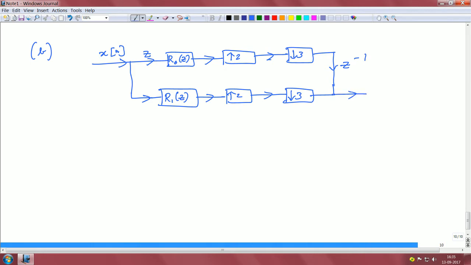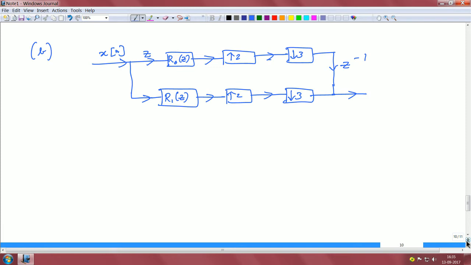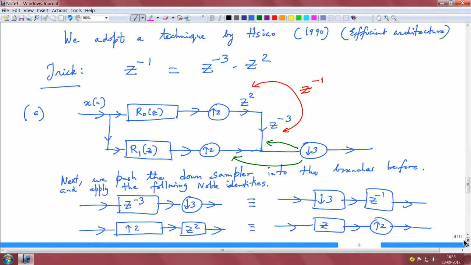So you might be wondering where did the z appear, right. If you apply this Noble identity, right. So you have at this point you have upsampling by 2 followed by z square. We replace this by z with upsampling by 2. Now this is like a cascade of R0 of z and z.